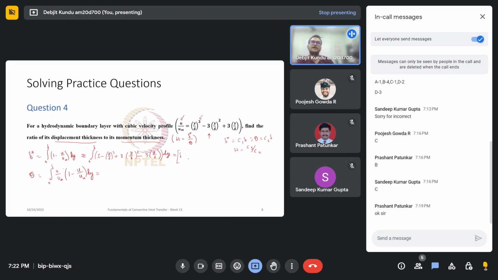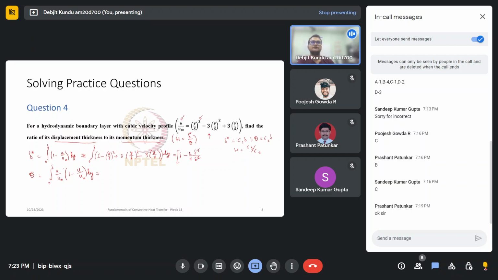Then the second term I have a minus here and a delta cube in the denominator. On the numerator I have y cubed, and integration of y cubed dy becomes y to the power 4 by 4. So this becomes delta to the power 4, with a 1 by 4.